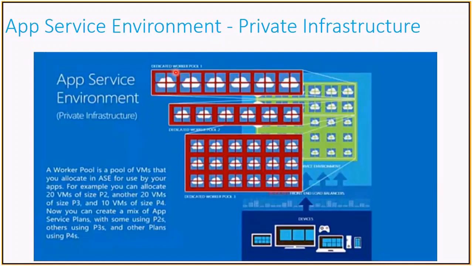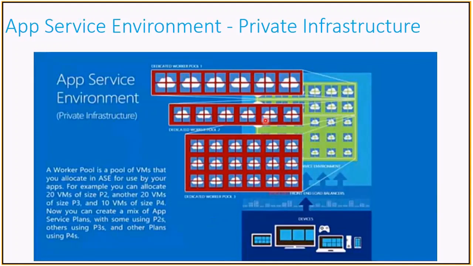If I go with my pool 1, it may have medium size instances, maybe premium P1 size machines, and the larger instances may have P4 or P5 size instances running in them, okay.